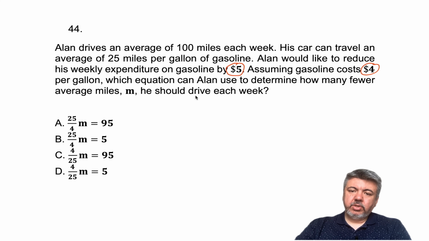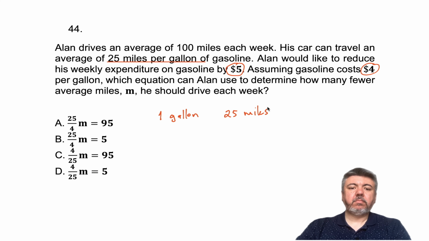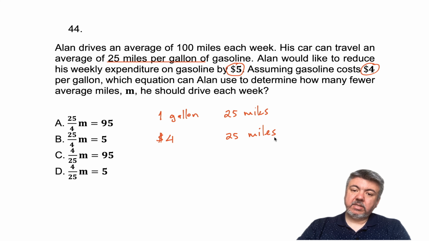Okay, so he drives 25 miles with a gallon of gasoline. So 1 gallon of gasoline is 25 miles. How much is 1 gallon? It's $4. So $4 makes him go 25 miles.